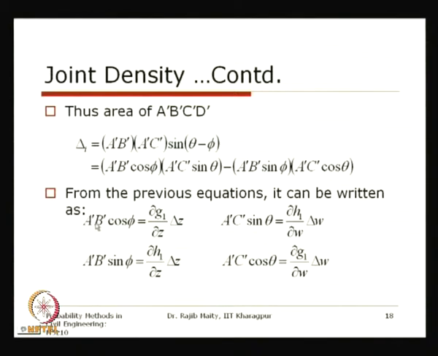So this A prime B prime cos phi is nothing but dou G1 by dou z multiplied by delta z, and similarly the other points can also be represented by their derivative, the rate of change, multiplied by the total small change. Okay.